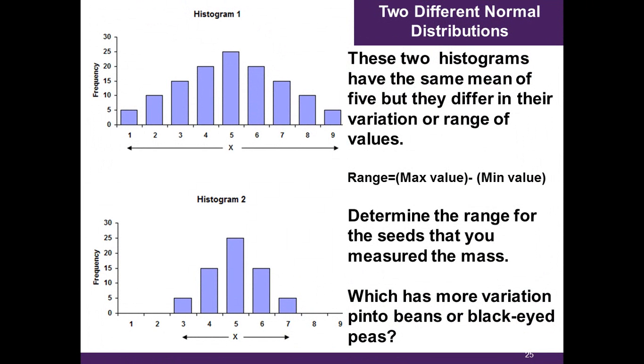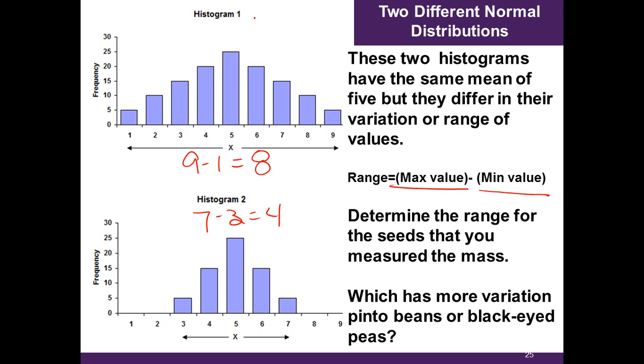Now, there's a concept called the range, and the range shows the variation in the data that you've collected. The range is determined by taking the maximum value minus the minimum value. So the range here is 9 minus 1, which is 8. Here our range is 7 minus 3, or 4.